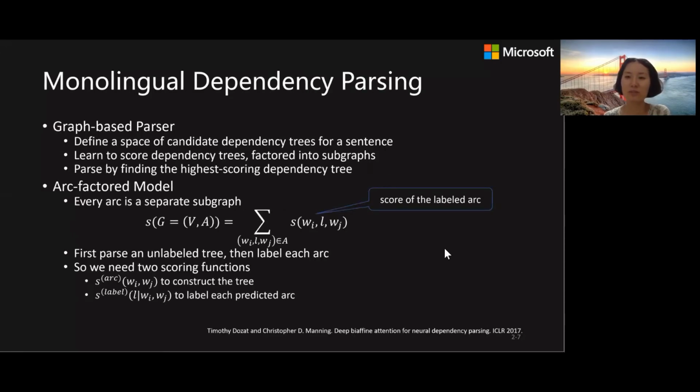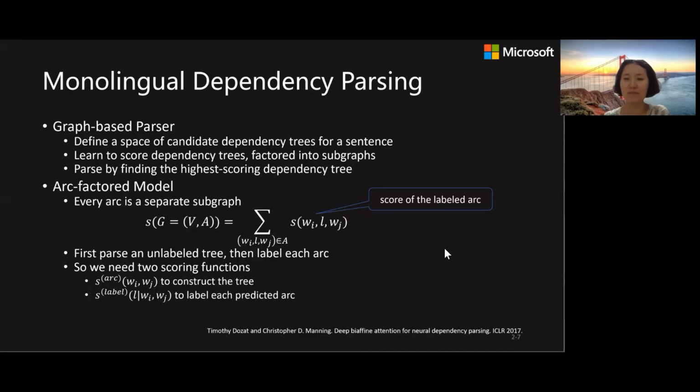Since cross-lingual dependency parsing relies on monolingual approaches, here we give a brief introduction of a popular graph-based parsing approach for monolingual dependency parsing. Specifically, given a sentence, it defines a space of candidate dependency trees and learns to score candidate trees in the training phase.